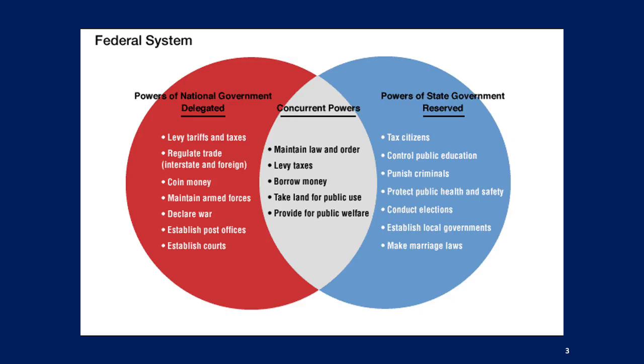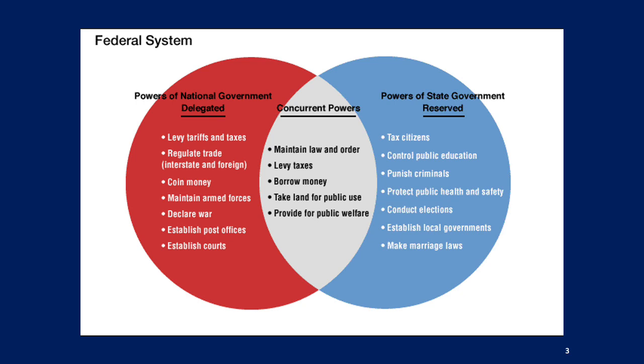So we have here the federal system. We have all these different powers depending on state, federal, or both. The powers of the national government are known as delegated or enumerated powers. That word enumerated, when we were talking about the Constitution and enumerated powers for Congress, refers to the ones that they get to decide.